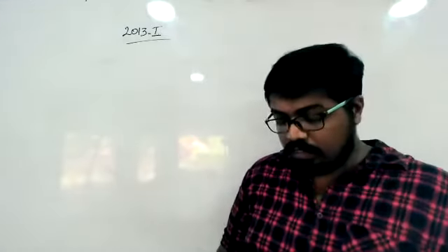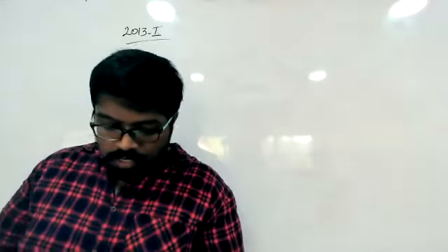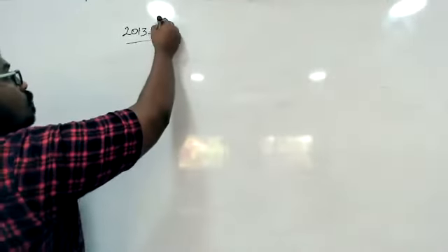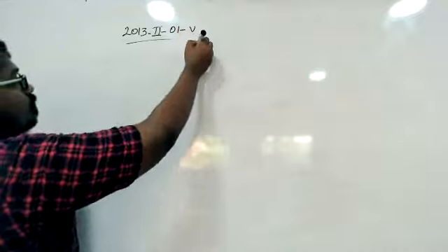There are 2 questions in the compulsory section: part 5 and part 6 of question number 1. So part 2, question number 1, part 5.